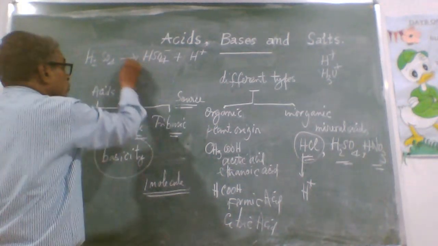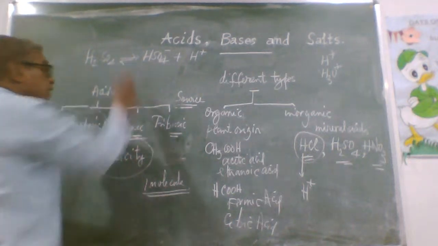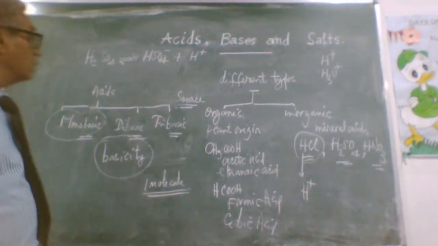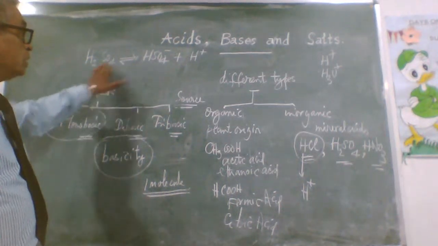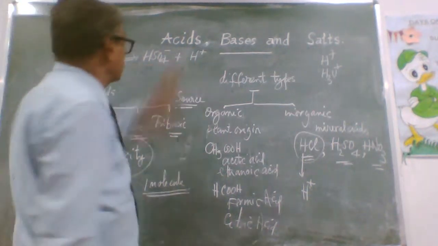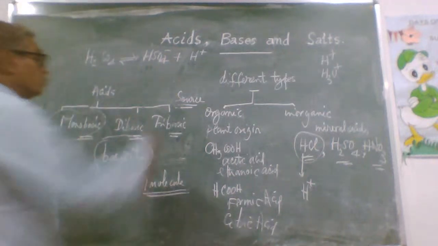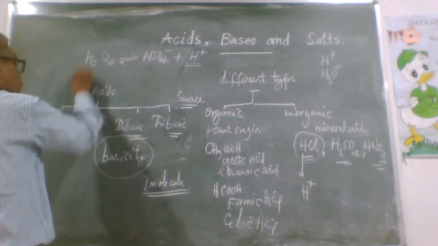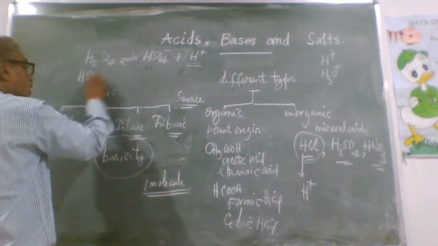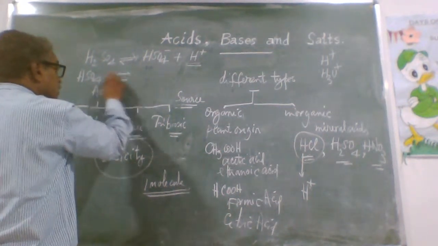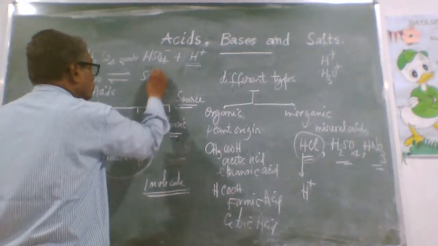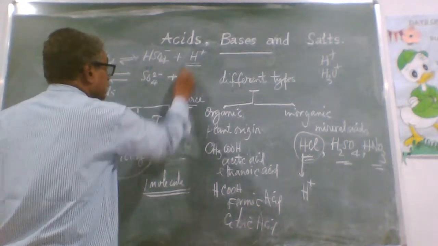H2SO4, and this arrow is shown both ways, which means the reaction can take place both ways. So H2SO4 gives HSO4 minus and H plus. That is the first hydrogen ion it can give out. Again, HSO4 minus can give out SO4 2 minus plus H plus.